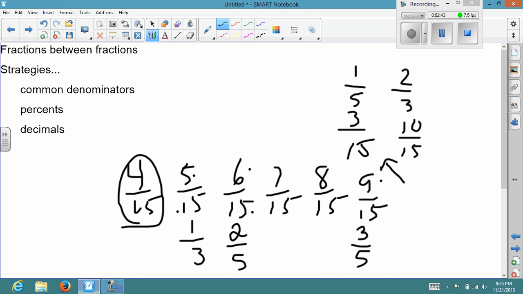So between 1/5 and 2/3 lie 4/15, 1/3, 2/5, 7/15, 8/15, and 3/5, as well as many, many other fractions. But those are just some of them.